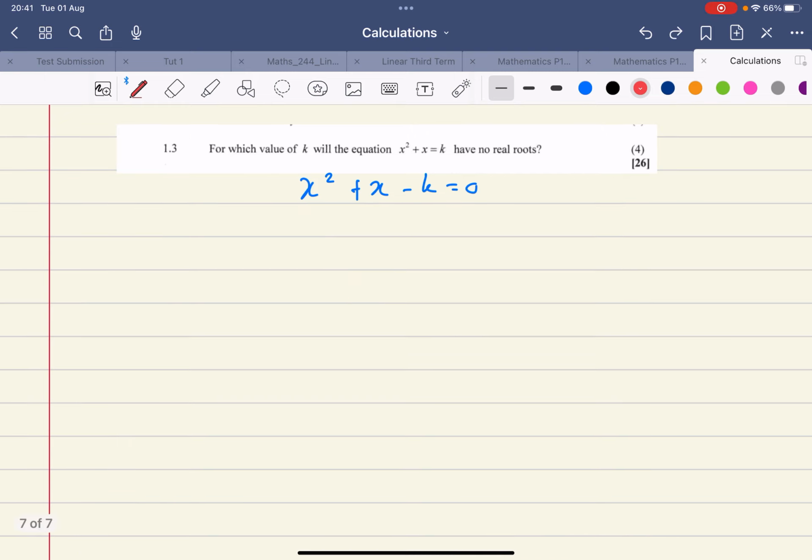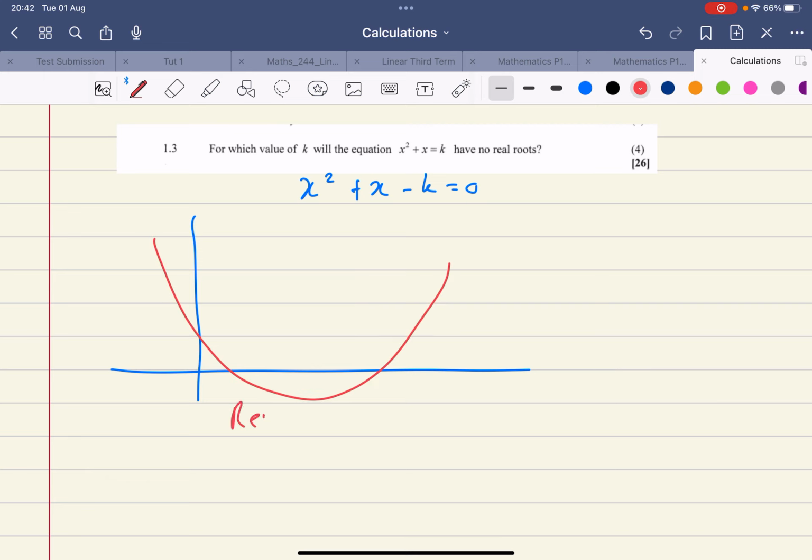So what does it mean for a quadratic to not have real roots? Well, it just means this. If we have a quadratic like this, and it cuts the x-axis, then it has real roots, because the roots consist of real numbers.